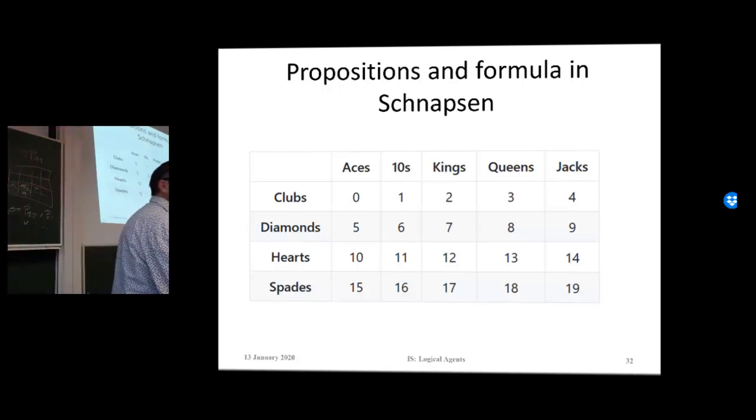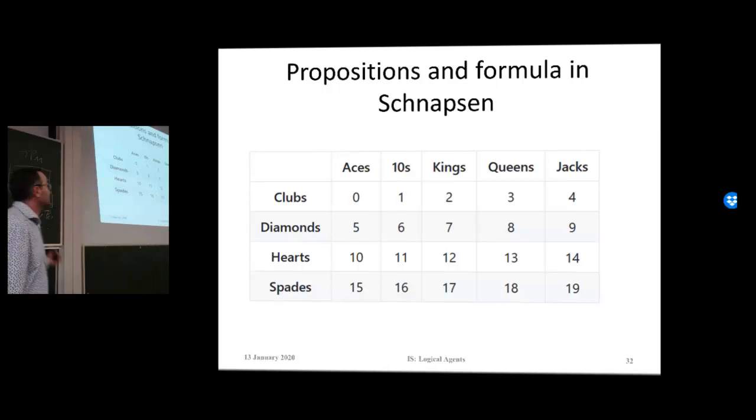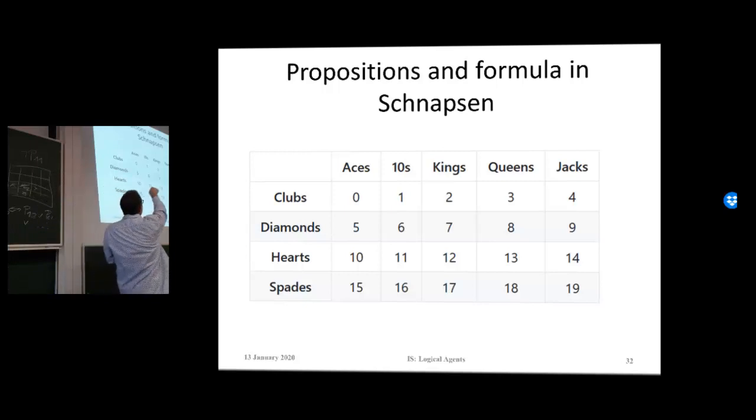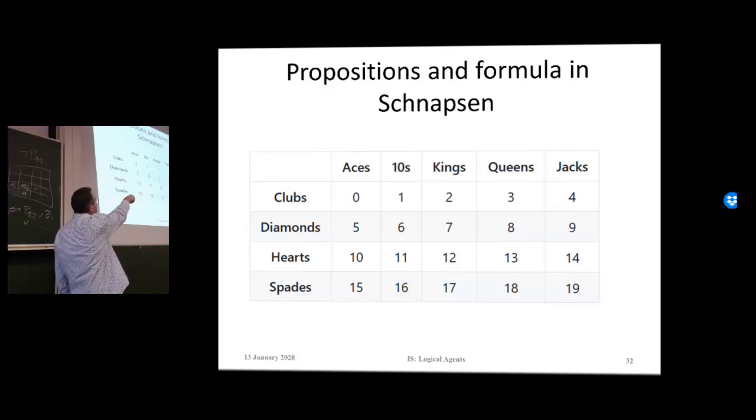So the propositions that we would have in our language would just be assigning all possible values to the cards. So we could say that card number 0 could be a 10 of clubs. Okay, but that would be a possible one. But as we know how the game is implemented, we can just state in the beginning that card number 0 has the property that it's a clubs card.